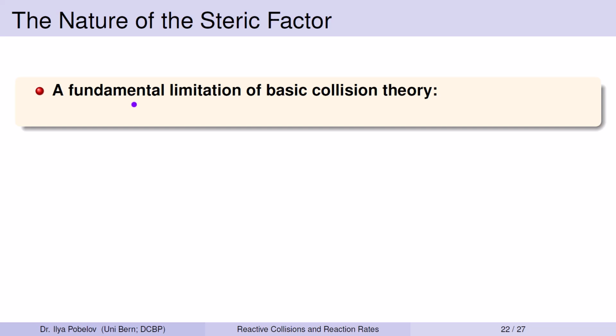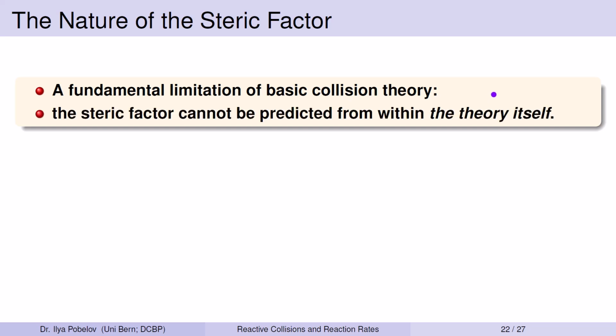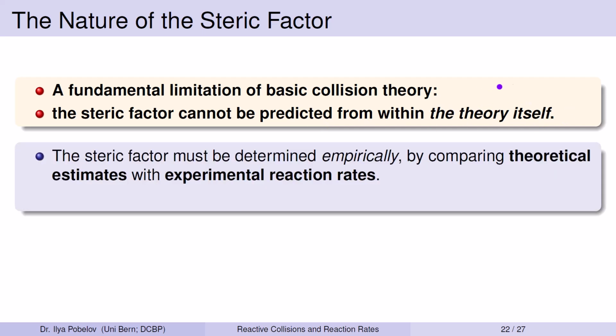However, here lies a fundamental limitation of basic collision theory. The steric factor cannot be predicted from within the theory itself. Instead, the steric factor must be determined empirically by comparing theoretical estimates with experimental reaction rates.